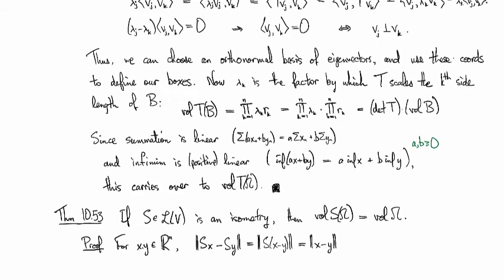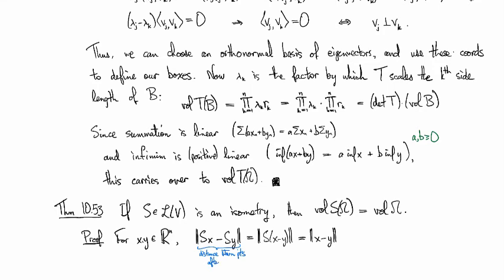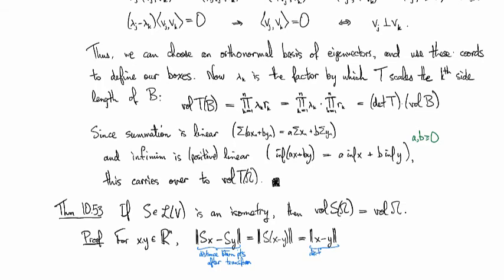So this is just saying that the distance between points after applying the transformation is equal to the original distance between the points.